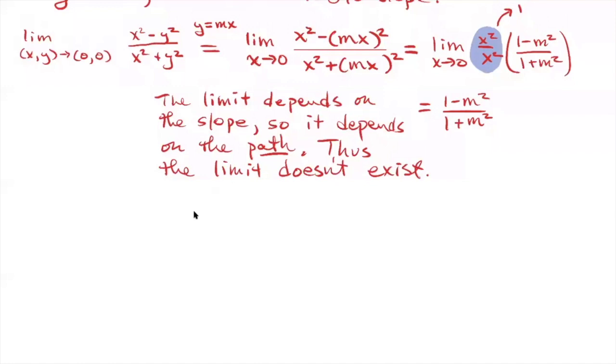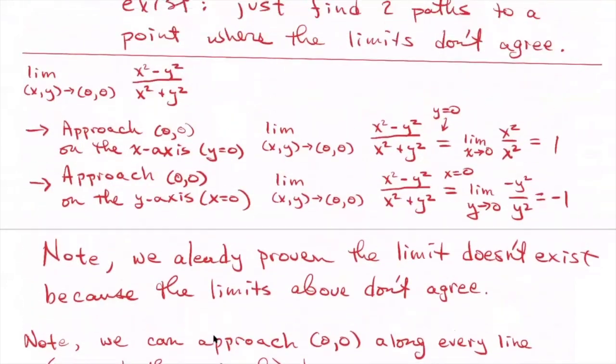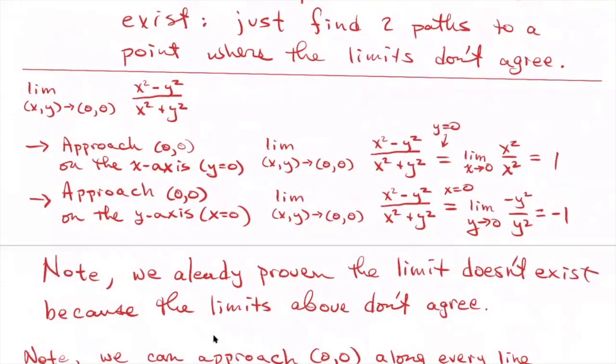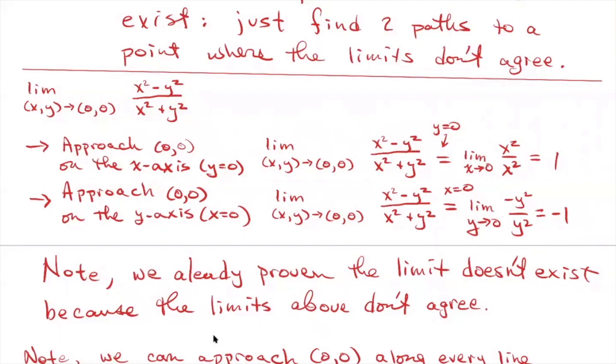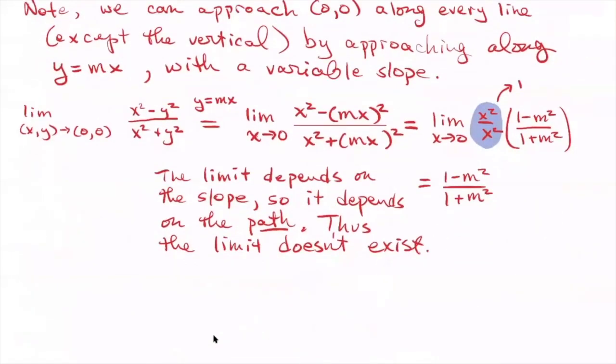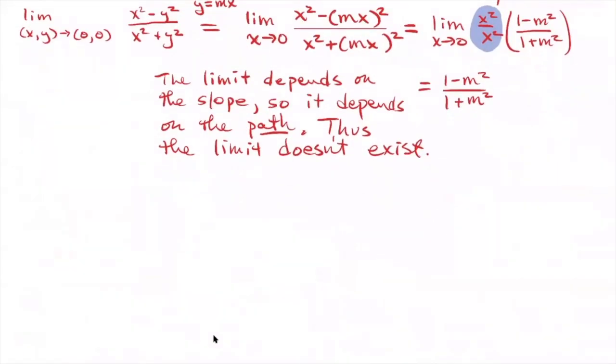Remember, when you make y equal to mx, that's approaching the origin along every line except the vertical line. But of course, we had done the vertical line by making x 0, in the second example we did. So that's the vertical line that's not covered by doing y equals mx.